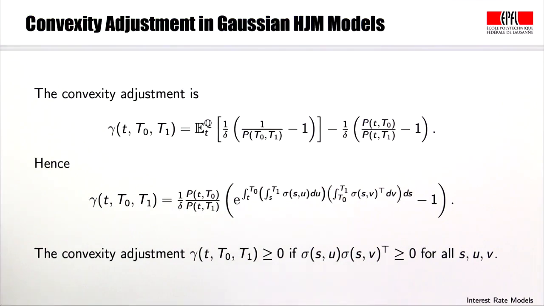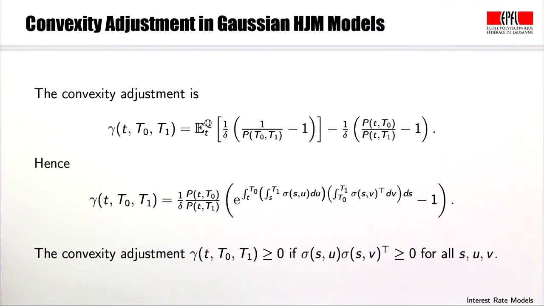The convexity adjustment gamma is the difference between the futures rate minus the forward rate. Using the identity from the previous slide, we can calculate this conditional expectation. Plugging that in and rearranging terms, we arrive at this expression for the convexity adjustment in a Gaussian Heath-Jarrow-Morton model.